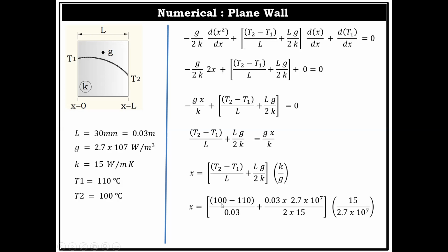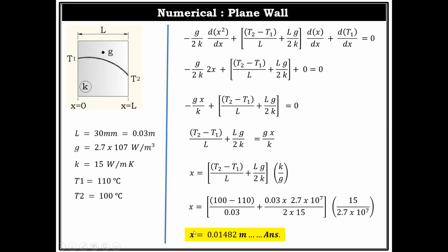We know the values of T2, T1 and length, plus again length, thickness, into heat generation source divided by 2 into thermal conductivity K, multiplied by thermal conductivity upon heat generation source.